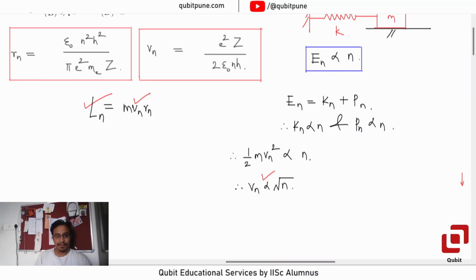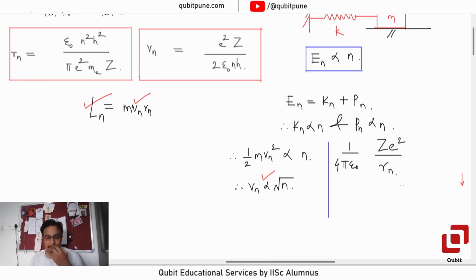Now, what is the formula for the potential energy? Tell me. So 1 upon 4 pi epsilon naught, Z E squared upon Rn.